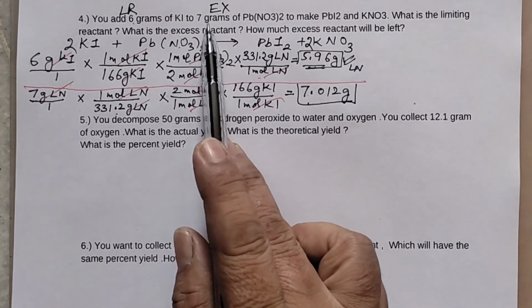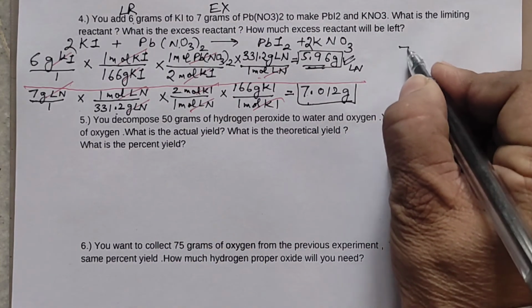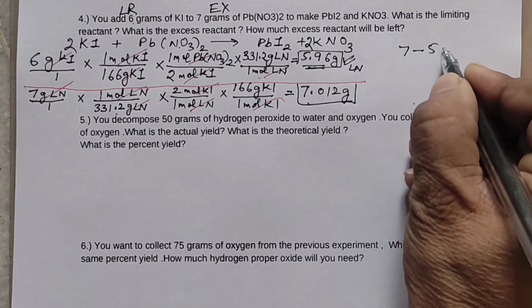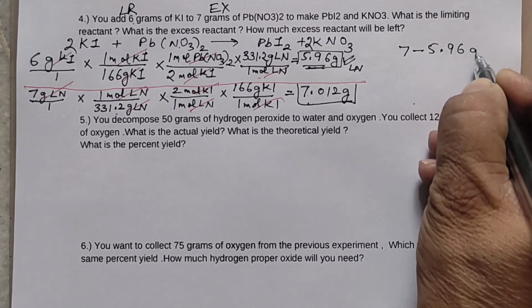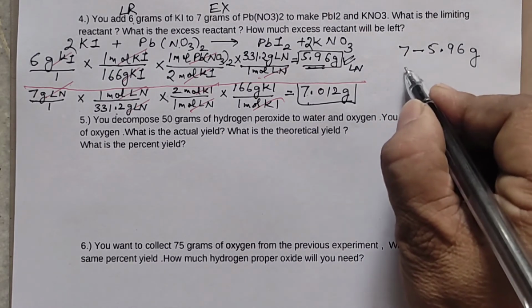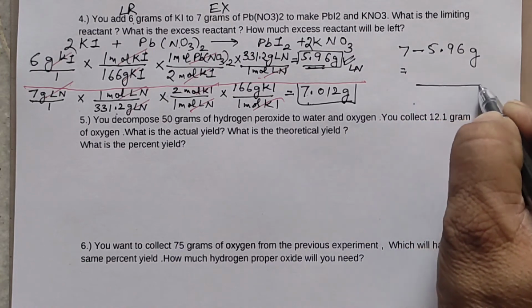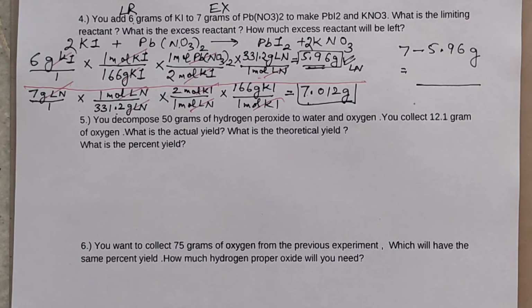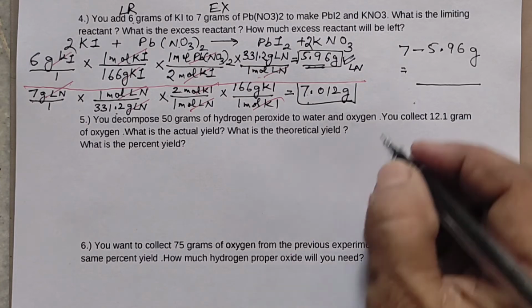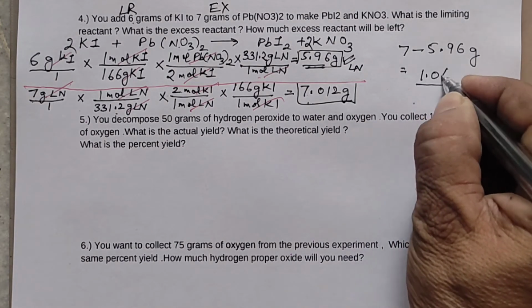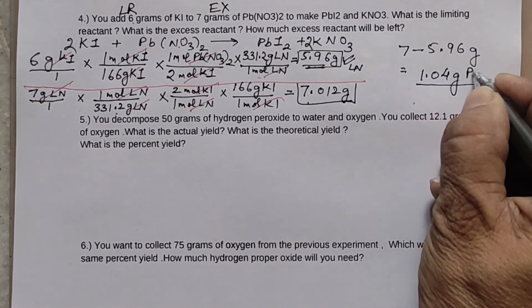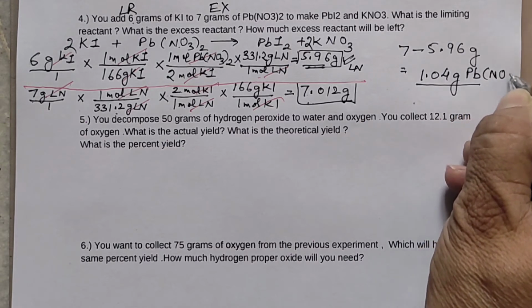But how much we are having? 7. So that's 7 minus 5.96 grams. Right? Whatever is your answer here, that much will be the excess reagent. So your excess reagent is 1.04 grams of lead nitrate.